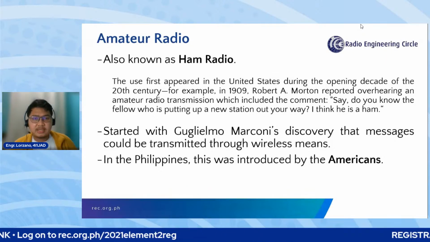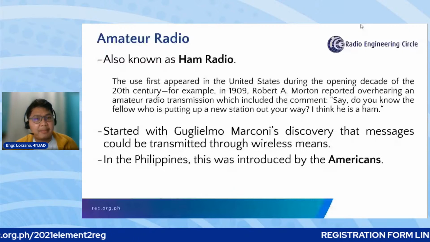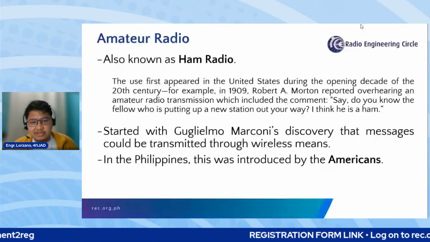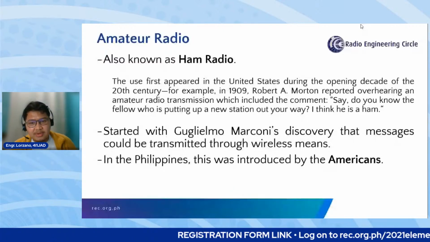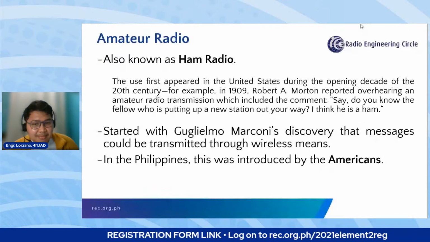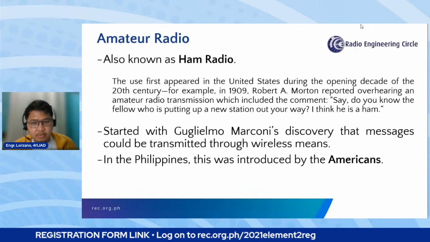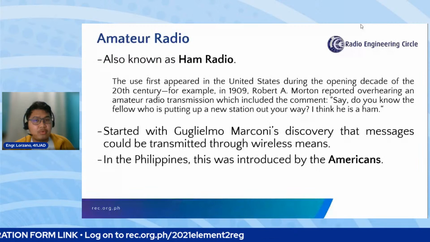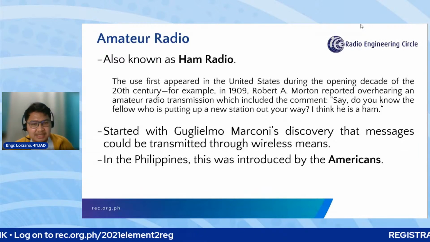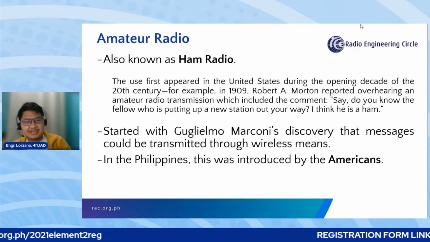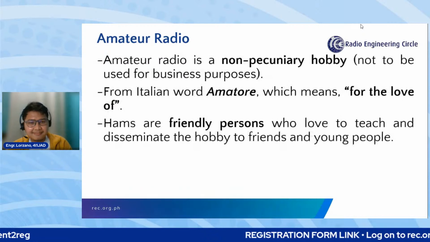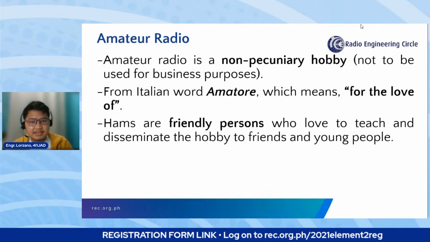So, aside from amateur radio operator, we are also called hams. It started with Guglielmo Marconi when he discovered transmitting through wireless means. And in the Philippines, it was introduced by the Americans.